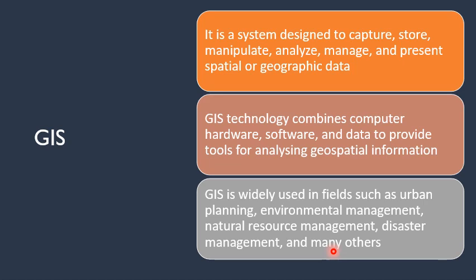What is the impact on the health of the people because of this pollution? How many people are getting sick because of this polluted water, originated vegetative food? So all these things you can analyze, you can understand, then you can make the people understand the cause and effects. So GIS is gonna help you in many ways.